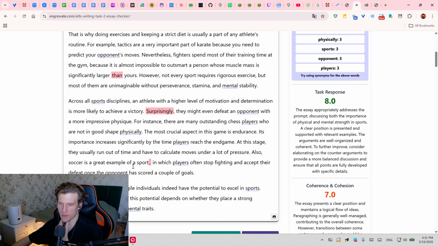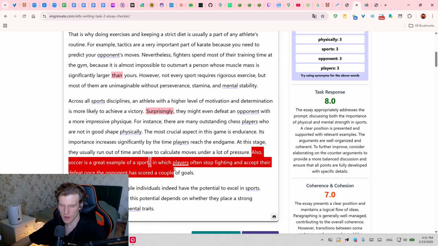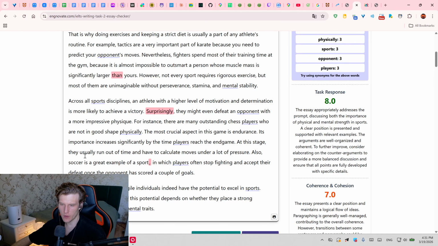Soccer is a great game, is a great example of a sport. But isn't it that soccer is one subject for the pair, and players stop is another subject for the pair? Once the opponent has scored a couple of goals.